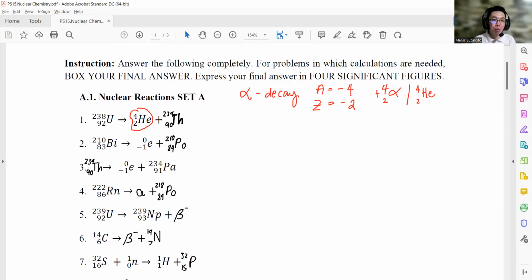Why does it even have a chance to occur? It should not, because Z would increase. When Z is greater than 83, it should automatically be alpha decay.